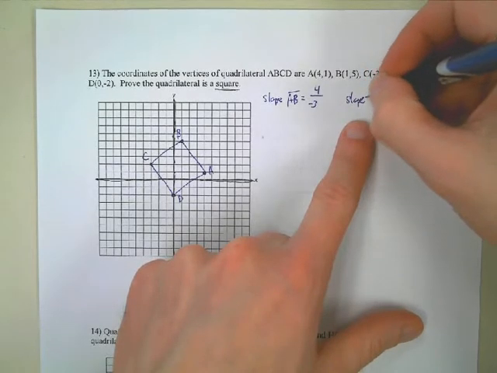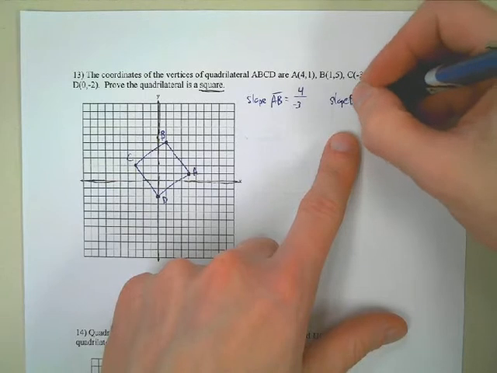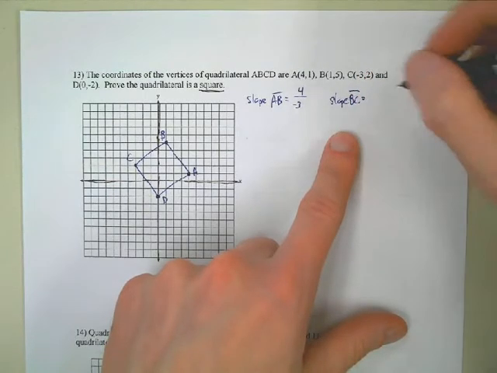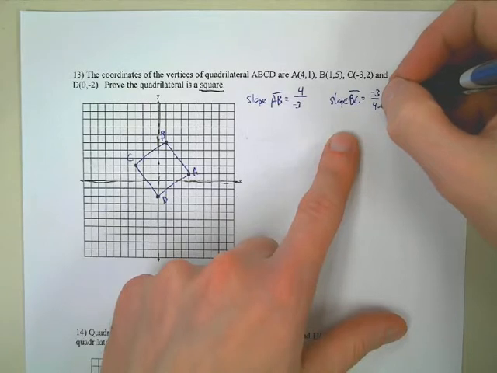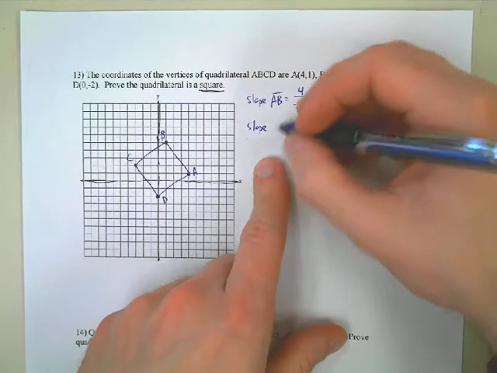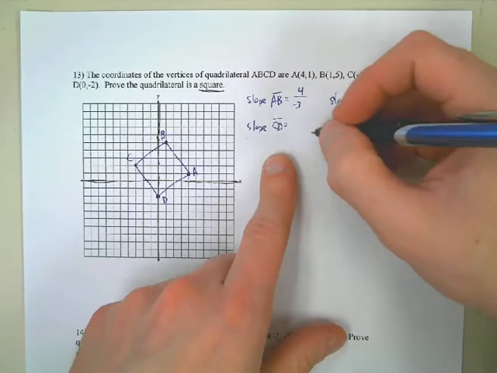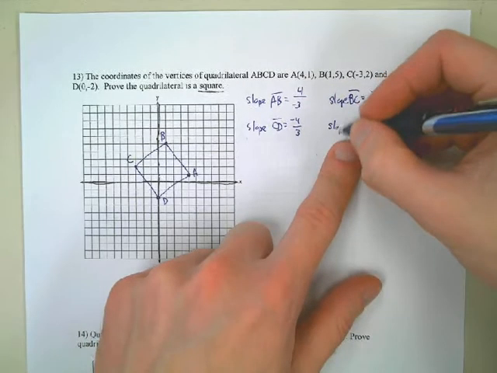Then we'll do slope of BC. That is down 3, left 4. Slope of CD. And then the slope of DA.